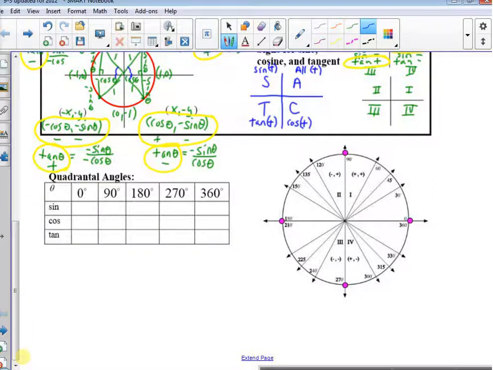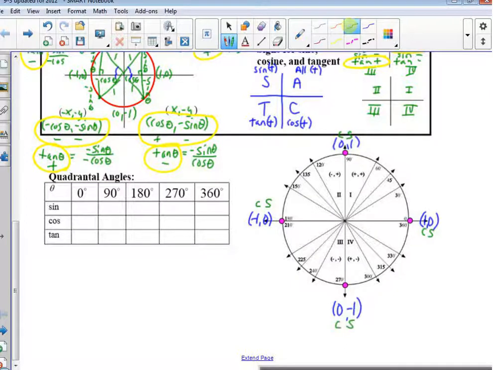Okay, so here is 1, 0, 0, 1, -1, 0, and 0, -1. So now I can figure out the sine and the cosine of all of these. I'm just going to go CS, CS, CS, and CS.